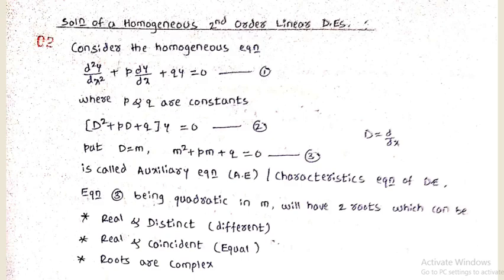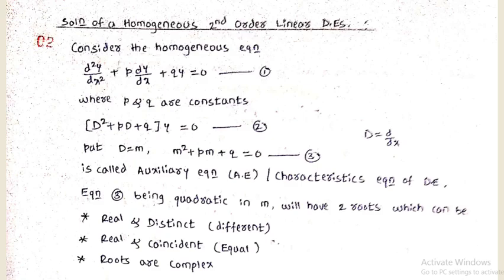Here p and q are constants, and the symbolic form of equation 1 is (D^2 + pD + q) y = 0, where D denotes d/dx. Suppose you substitute D = m, then you get m^2 + pm + q = 0.